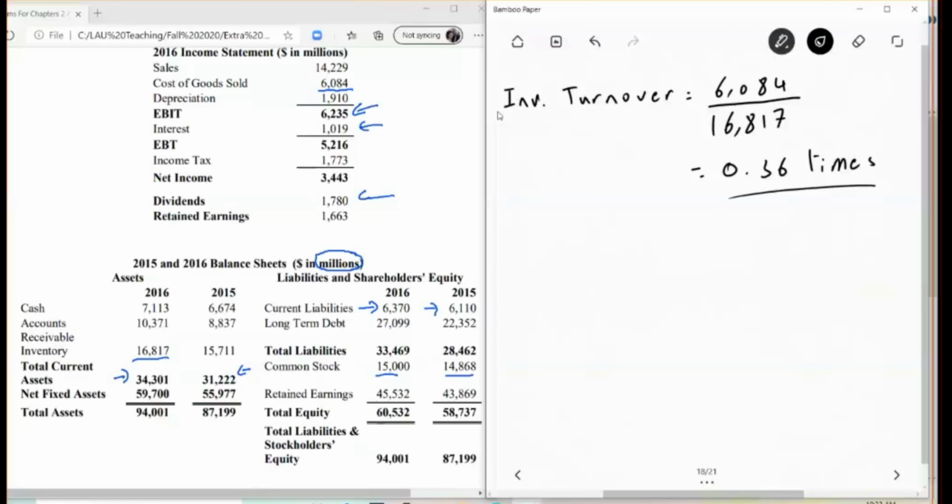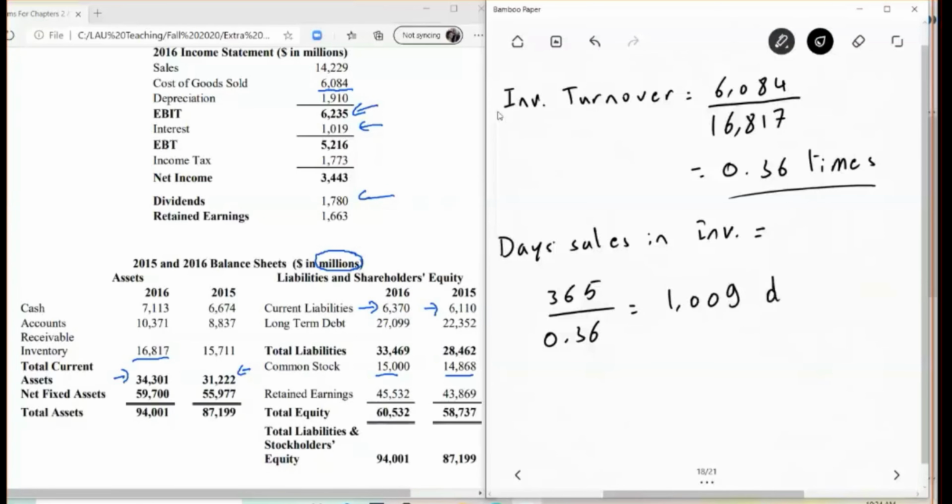Now, days sales in inventory, this ratio is equal to the number of days in a year, 365, divided by the inventory turnover, divided by 0.36. The answer is 1009 days.